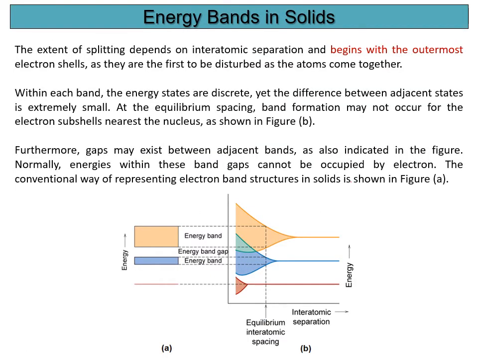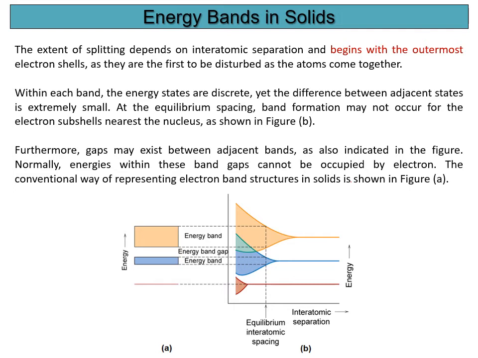The extent of splitting depends on interatomic separation and begins with the outermost electron shells, as they are the first to be disturbed as the atoms come together. Within each band, the energy states are discrete, yet the difference between adjacent states is very small.